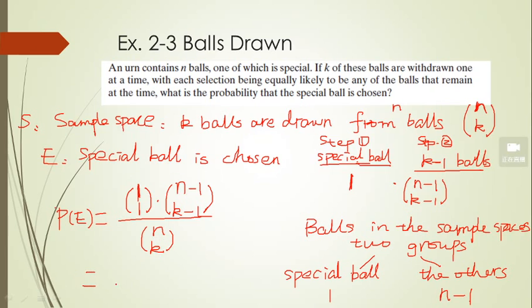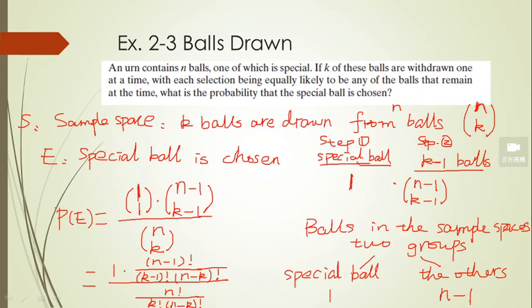Let's work it out. Here, 1 choose 1 is 1, you only have one choice. Here, n-1 choose k-1 is n-1 factorial over k-1 factorial, and then n-1 minus k plus 1, which is n minus k factorial, for the top. And then n choose k is n factorial over k factorial times n minus k factorial, right?